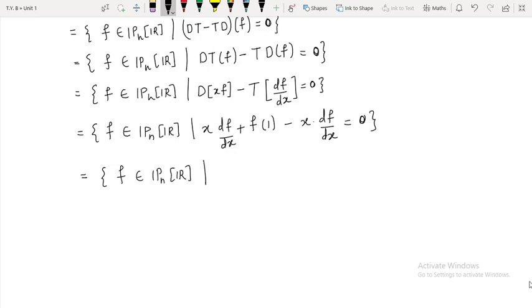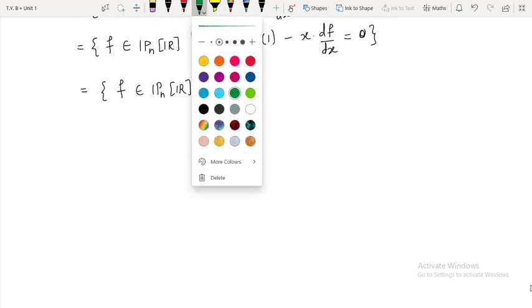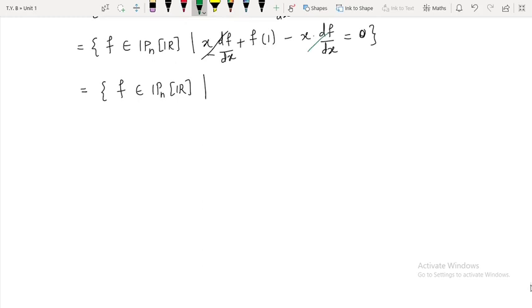Such that you can easily see this and this will get cancelled out, right? So what is left? f is equal to 0. So this is the collection of all those polynomials in Pn of R such that the polynomial is itself 0.